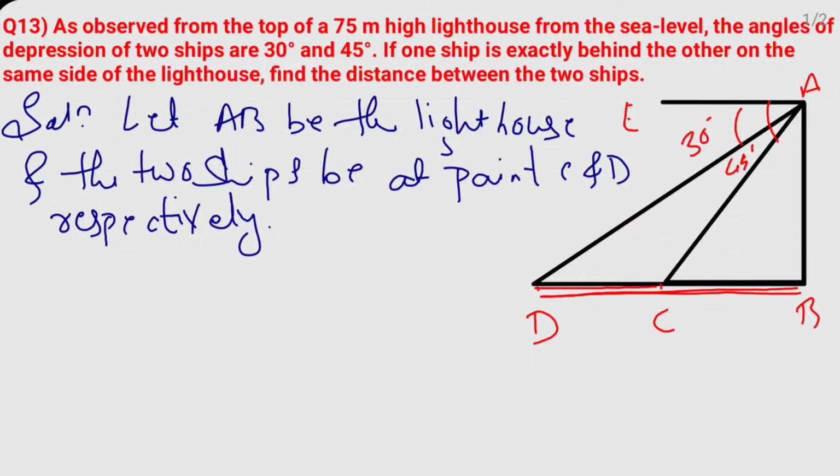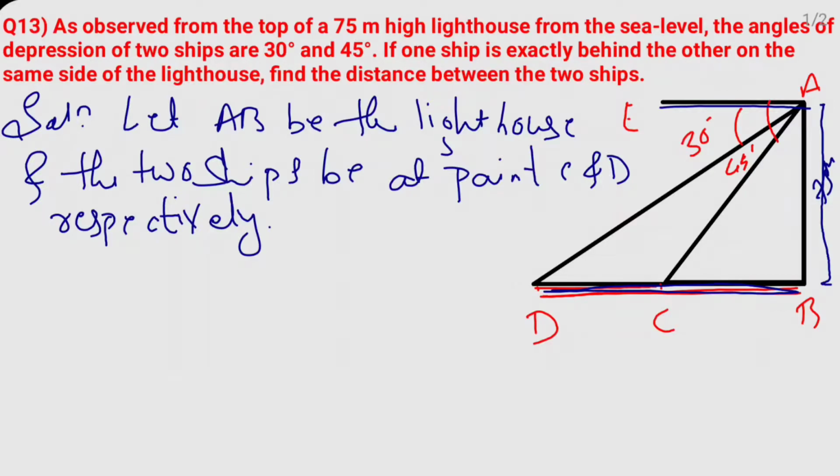Look at the figure. Here they given the height of the lighthouse. So that is 75 meter, and here AE is parallel to the BD, because BD is the sea level and AE is the horizontal line.